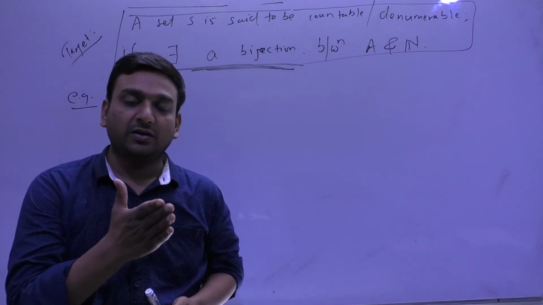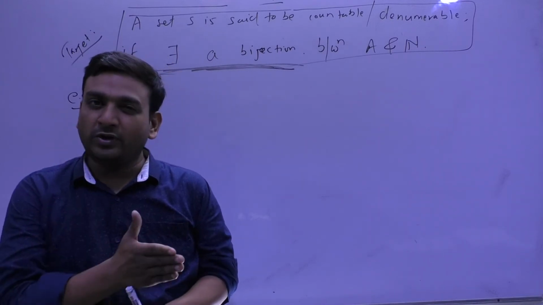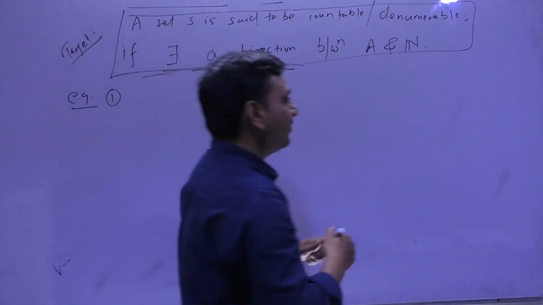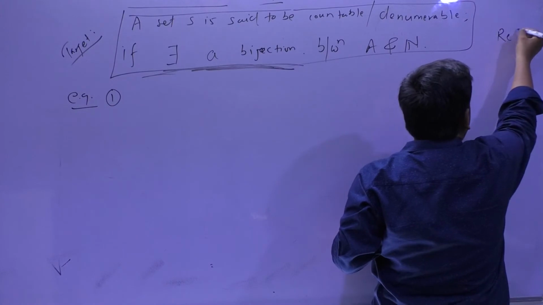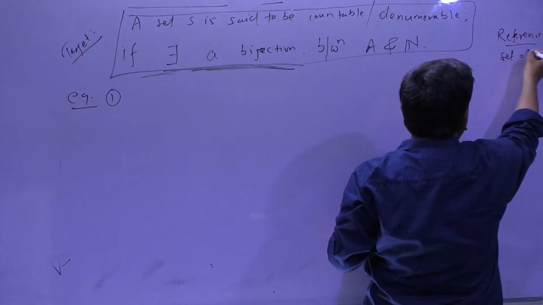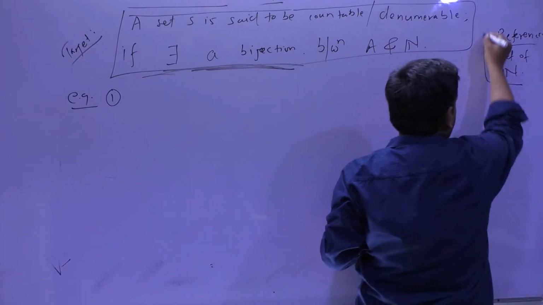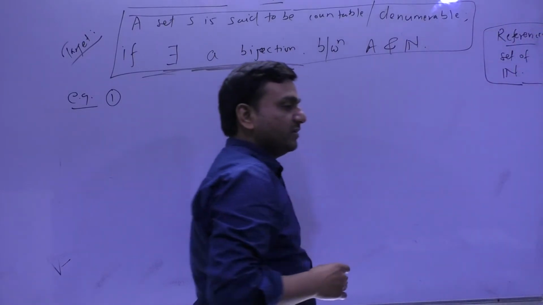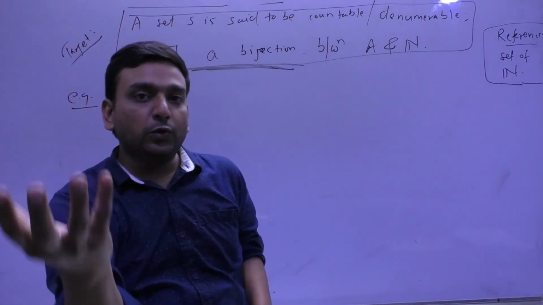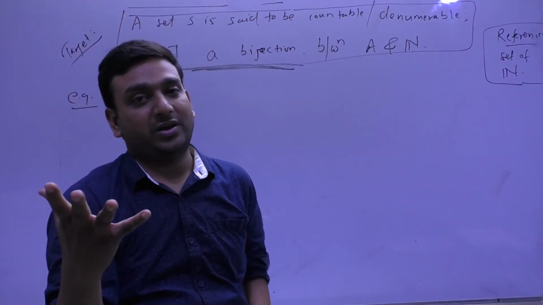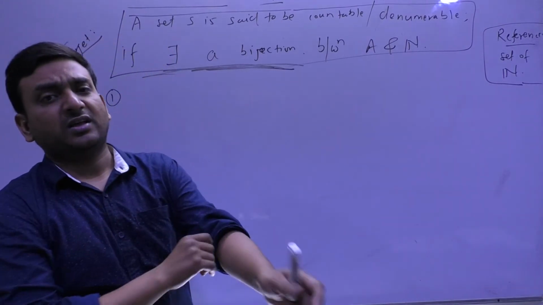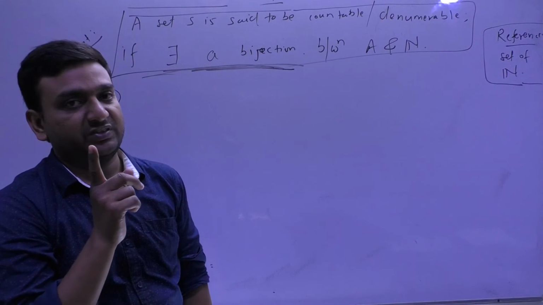So for counting, our reference is the set of natural numbers. It means to check countability, we need to have the base as natural numbers. With the help of natural numbers, we will check countability. Is that clear to you?